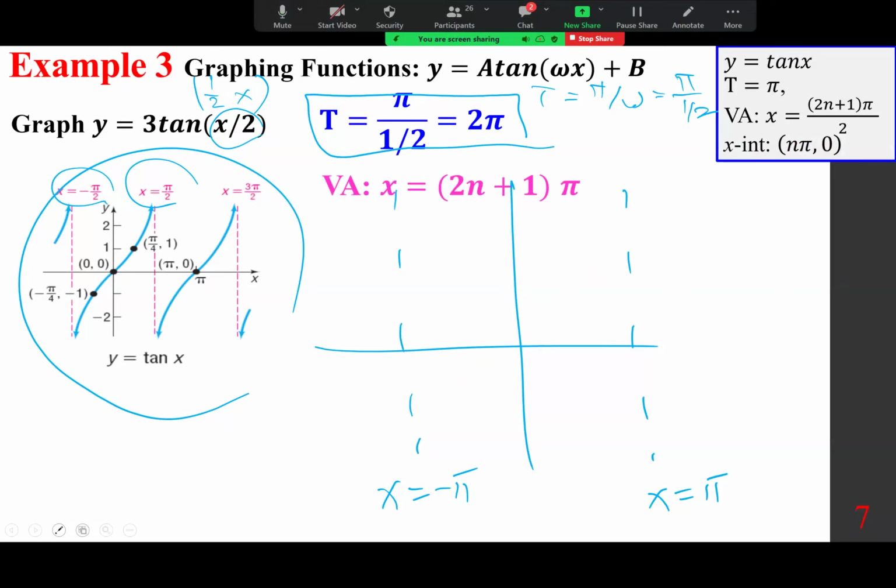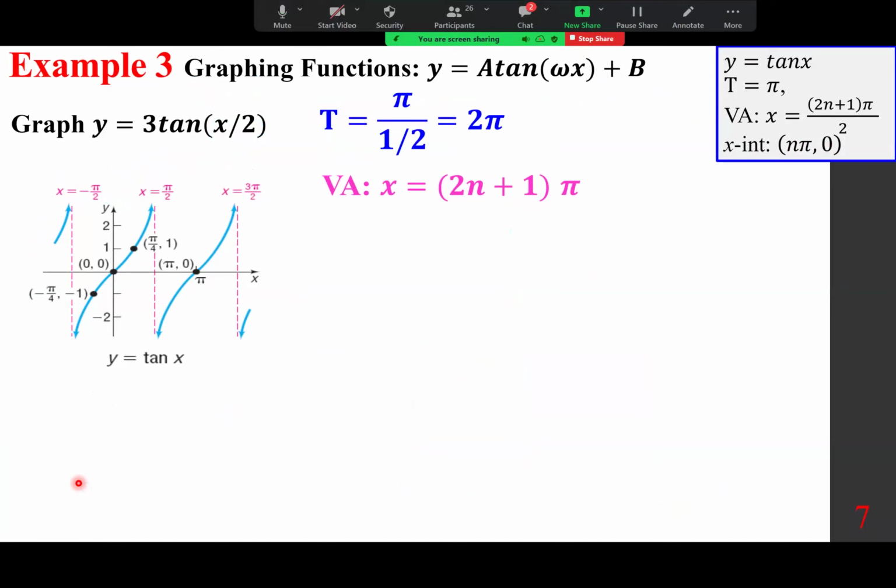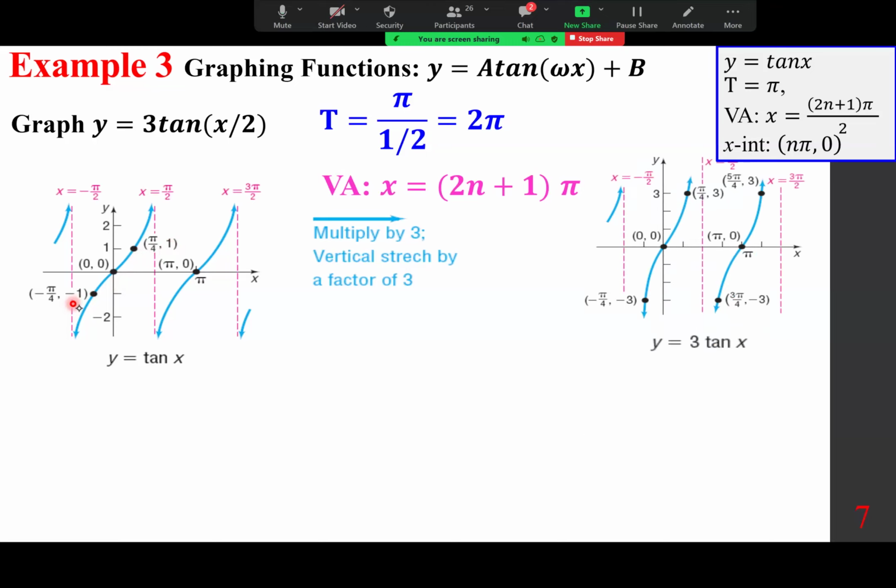And so let me erase this. Multiply by 3, vertical stretch by a factor of 3. That means just as on the previous page, this becomes 3 and this becomes minus 3, right?